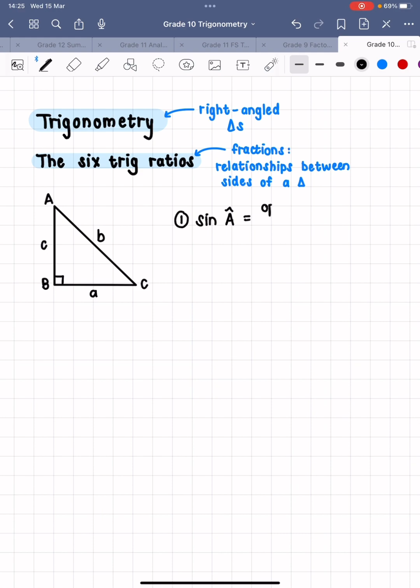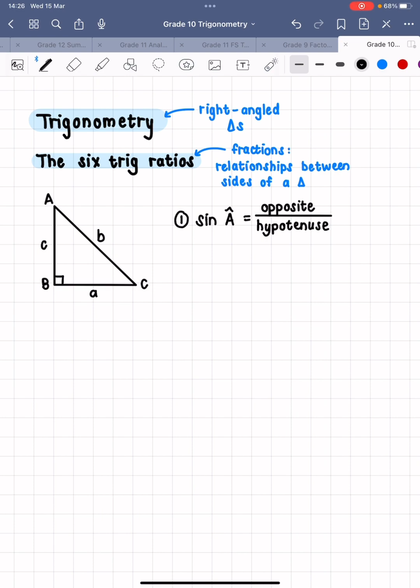Sine of an angle is always a fraction where you take the opposite side over the hypotenuse. Okay, that's a formula that you must memorize. Sine is opposite over hypotenuse.